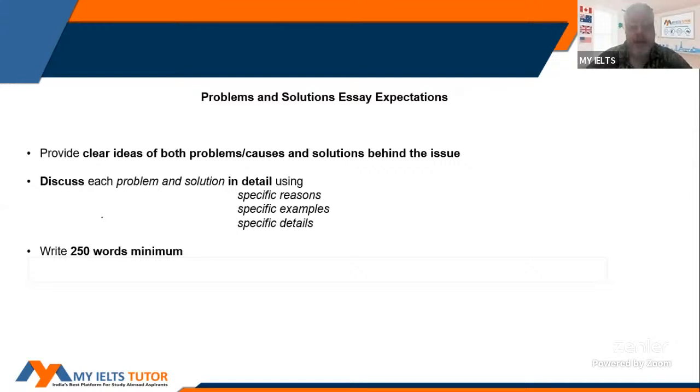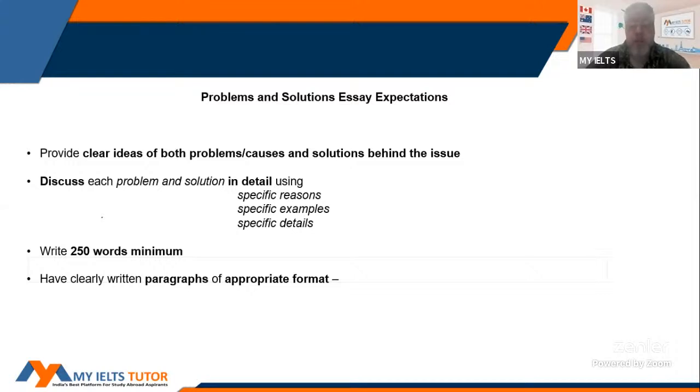Okay, now the next thing is you need to have clearly written paragraphs of appropriate format. And it's important that you write paragraphs, okay? Otherwise, if you don't have paragraphs, you won't score above 4 in coherence and cohesion.